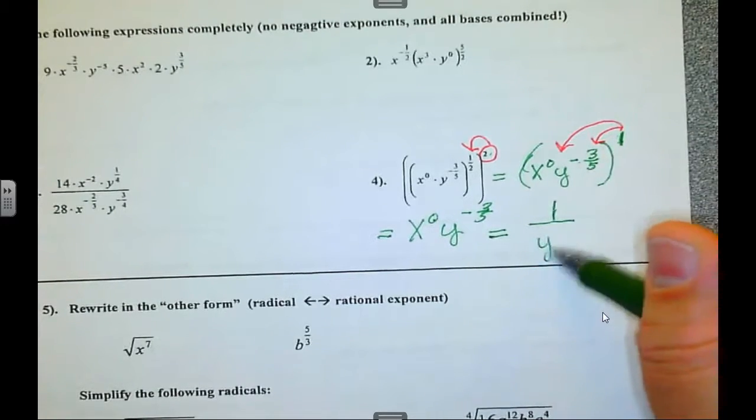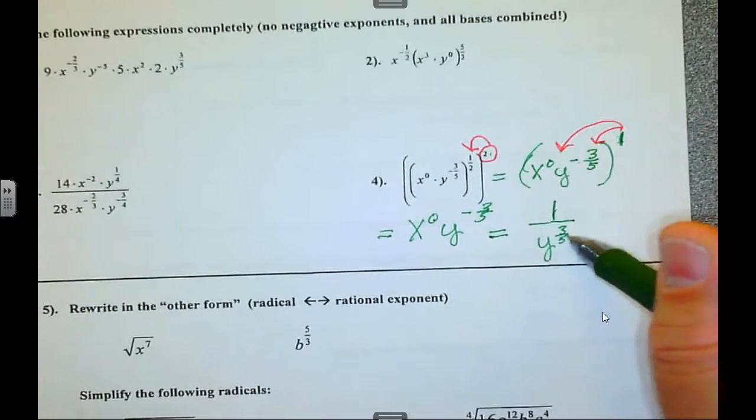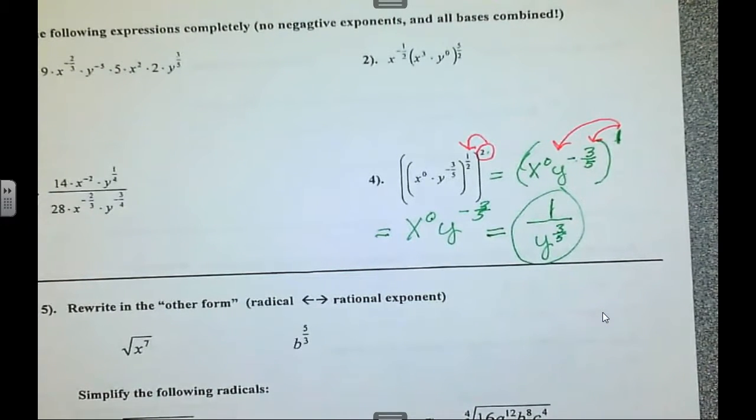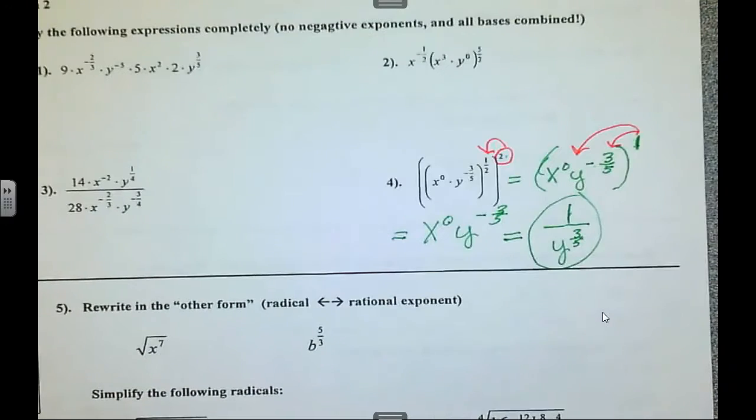And then I have to put y to the 3/5 in the denominator. Another big mistake that you guys are still doing. Because you were supposed to have this done when you came in today.